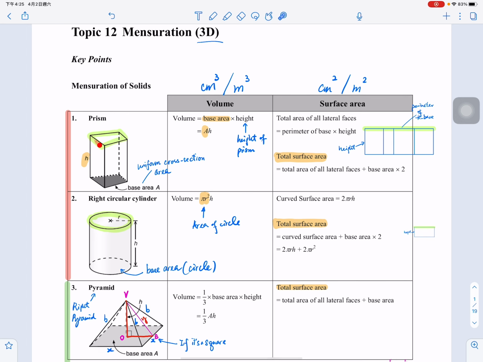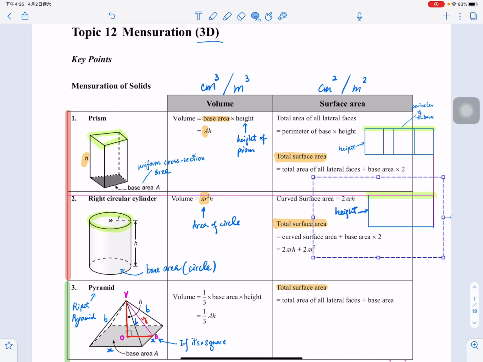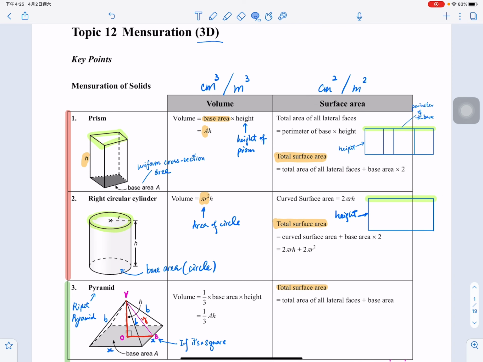Same idea: if you know the perimeter of the base area, then you know it. If you flatten the curved surface, you find that this one also is a rectangle, right? And the length of this rectangle is actually the circumference of the circle.